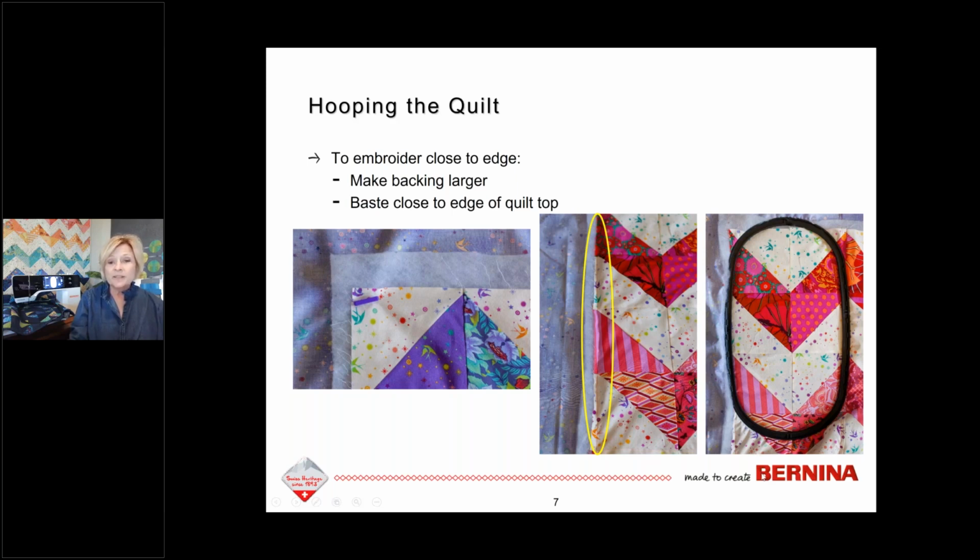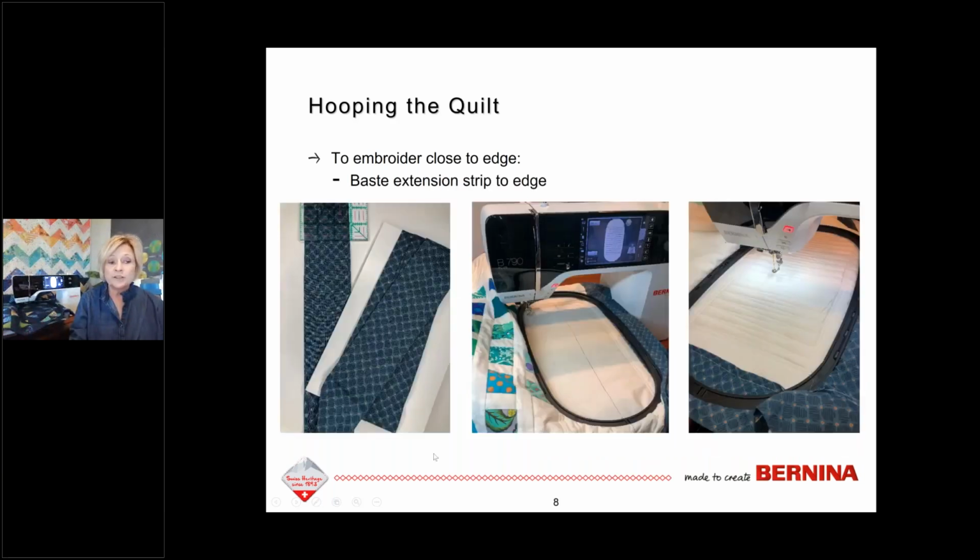Now, the other method, if you didn't have enough backing fabric to leave 3 inches around, I have also just sewn on a tube of fabric. So right here, what you see is I took like a 6.5 or 7 inch strip. I sewed down it, and then I flipped it around so I have a tube. And so I ended up with a 3 inch tube of fabric, and I have it in a very long length.